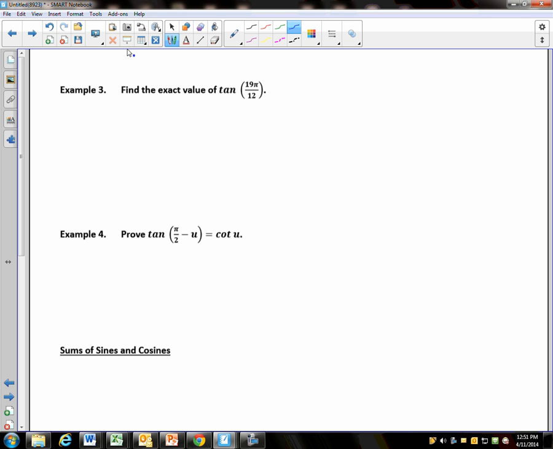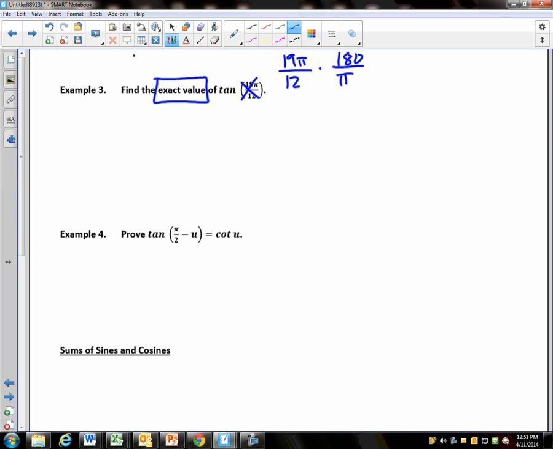The exact value, so when you see this on the test, again, I don't tell you you have to do sum and difference. You're going to have to look at the problem and say, oh, can I use a sum and difference formula in order to find this exact value? Well, first of all, you probably don't understand 19 pi over 12 as well as you might like, so let's change that into degrees. 19 pi over 12, we multiply that by 180 over pi.